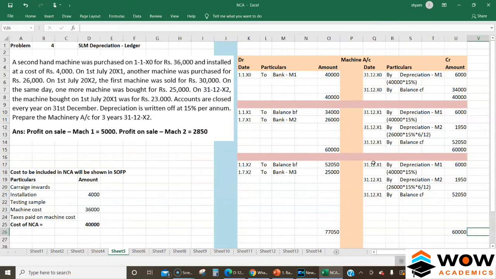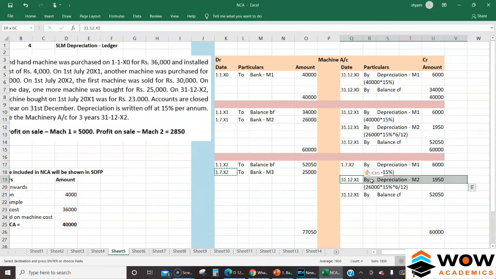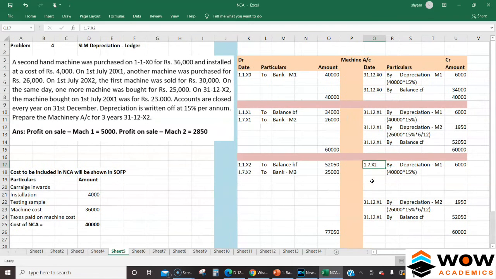First, we'll provide depreciation on the machine which has been sold. As we are selling a machine, we have to provide depreciation on that date itself. The rest we can do later. First, we'll do this part.